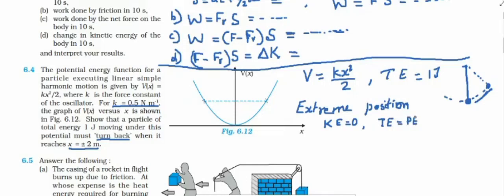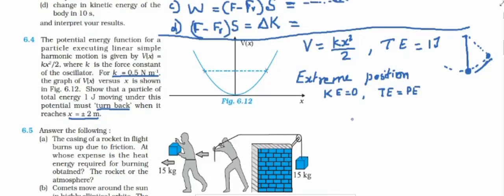I am going to use that concept. Then you will get potential energy k x square by 2 is equal to the total energy given in the question, that is 1 joule.